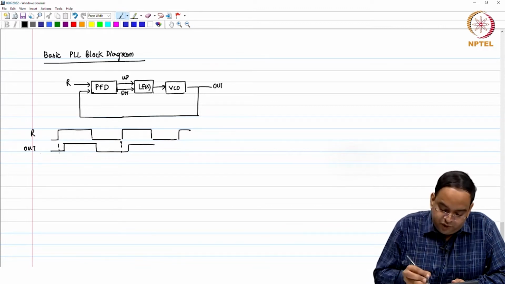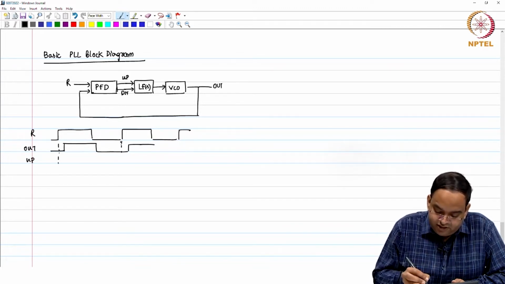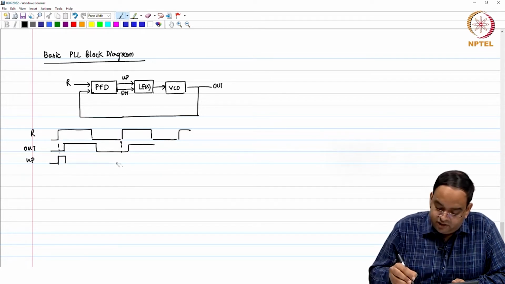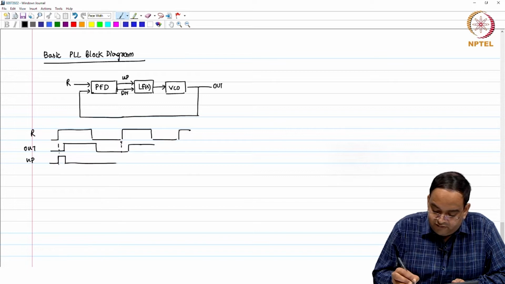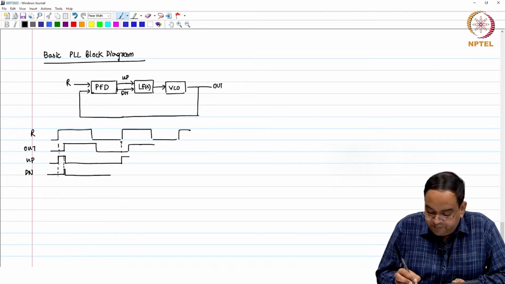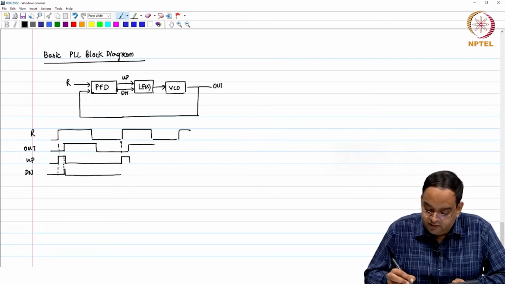In response to this R and out signal, I am going to have an up signal like this, and it is periodic, and then the down signal will be something like this, very narrow, but both of them come down at the same time. Right, so this is what I will have.